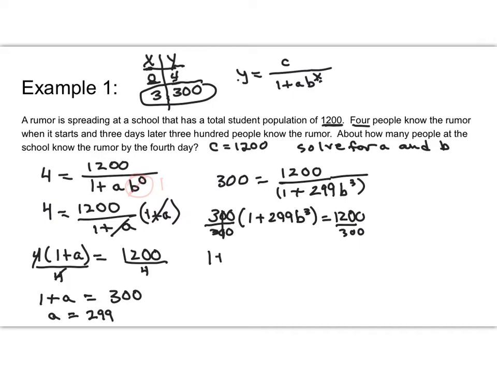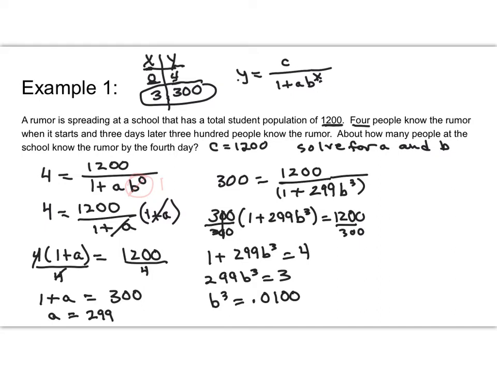It's going to leave me with 1 plus 299b to the third equals 4. Subtract the 1, and that equals 3. And then I'm going to divide by 299, and that means that b to the third is equal to, let's see, in my calculator, I'm rounding here, 0.0100, and then I need the third root of that.